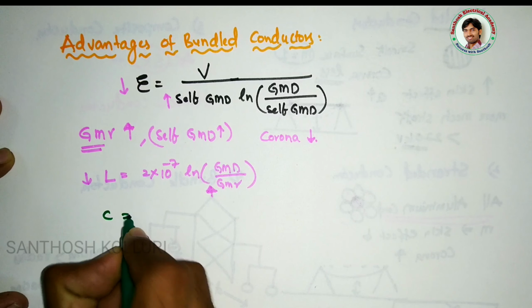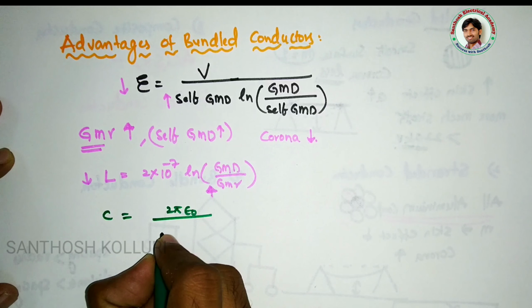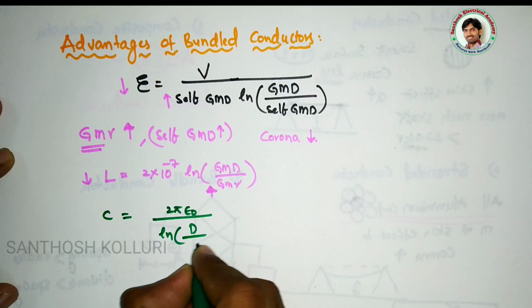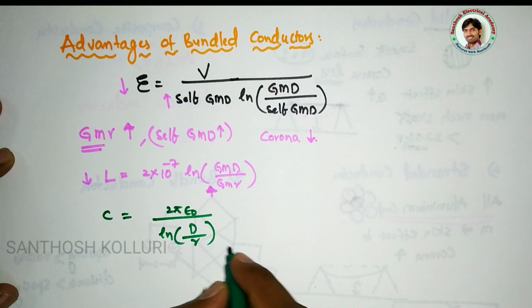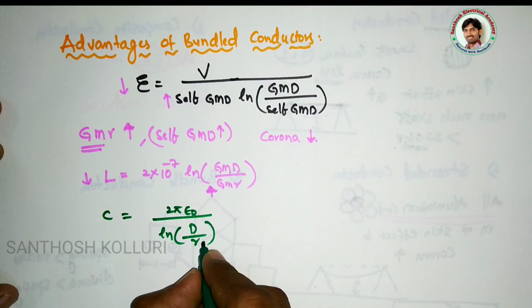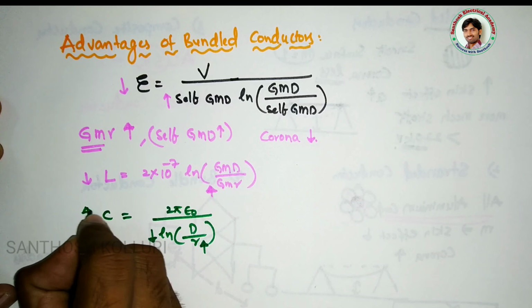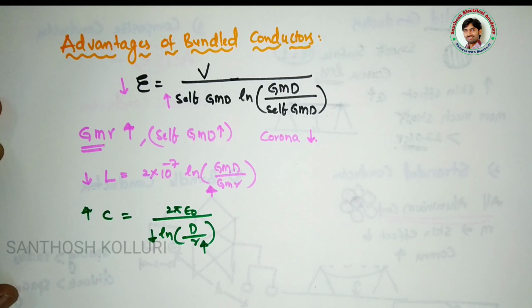Similarly, the value of capacitance C is equal to 2 pi epsilon naught divided by natural logarithm of D by R. R you can call it as GMR, so GMD by GMR. Therefore, as GMR is increasing, the value will be reducing. So the value of capacitance will be increasing, right?